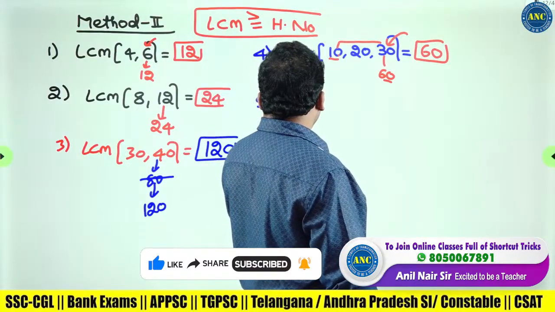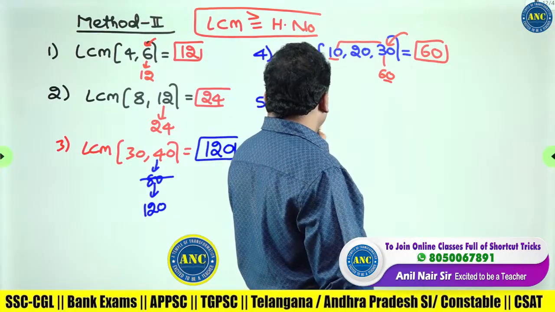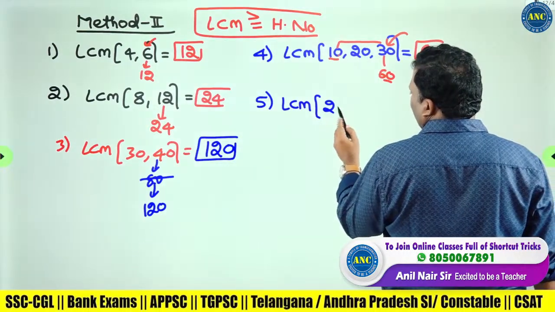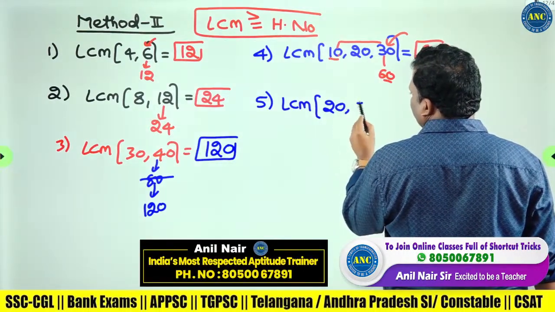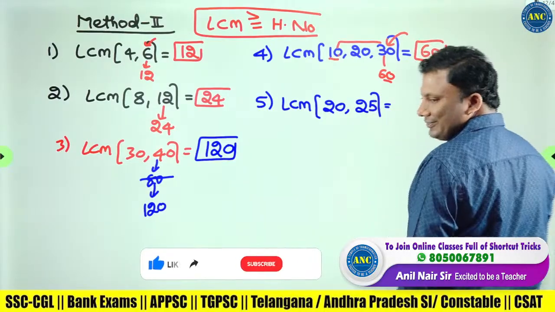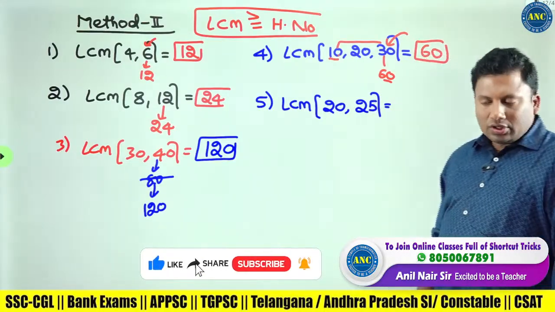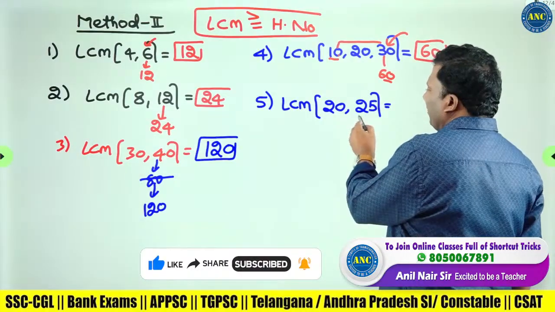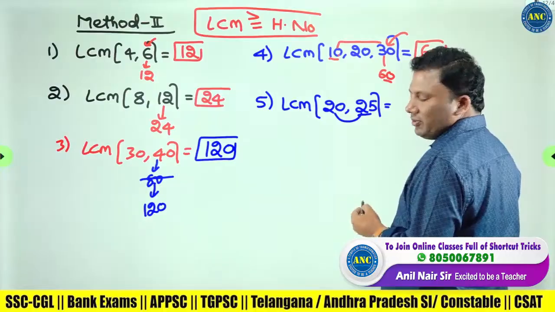Fifth one, LCM of 20, 25. 25 is not divisible by 20.